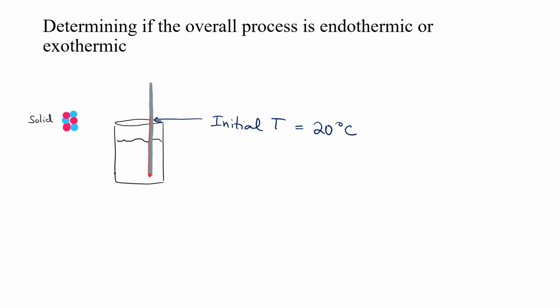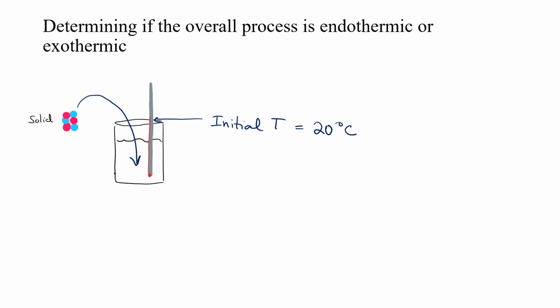So if I transfer my solid here, and it actually dissolves, something is going to happen to that temperature. The initial temperature can go up or it can decrease depending on what's happening when your solid particles are dissolving in the water.